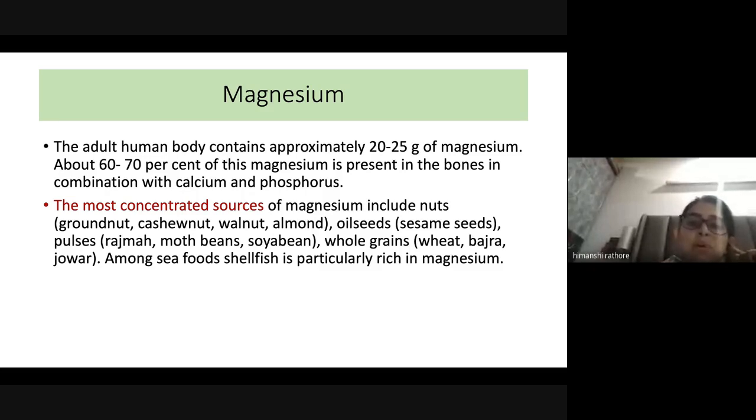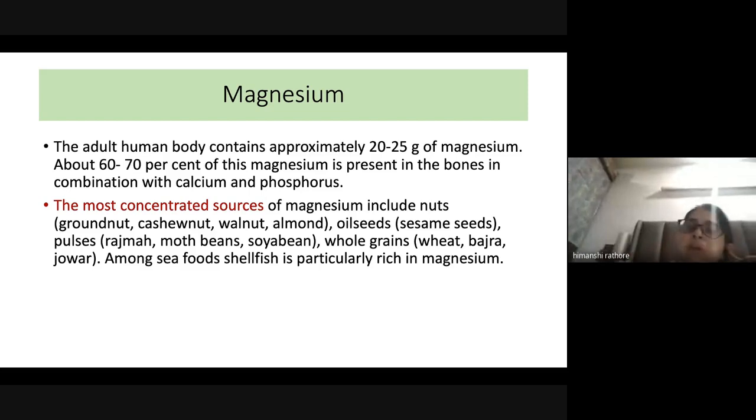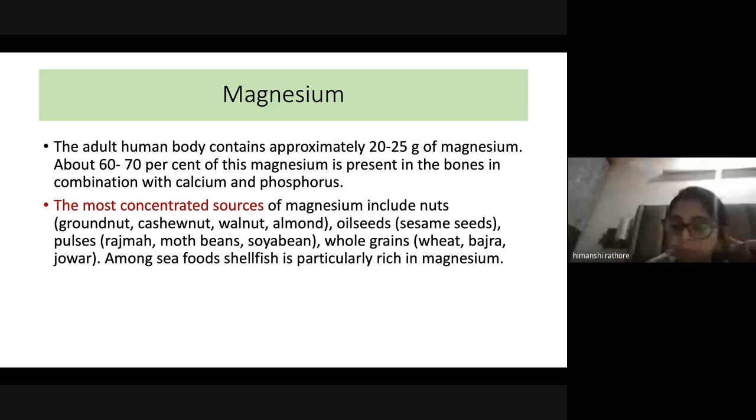We are not going to discuss the functions, but here I am telling you the food sources in which magnesium is present. Like calcium and phosphorus, magnesium has the same function, which is to maintain healthy bones. Okay.